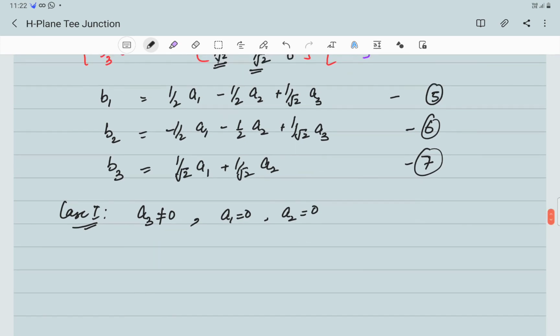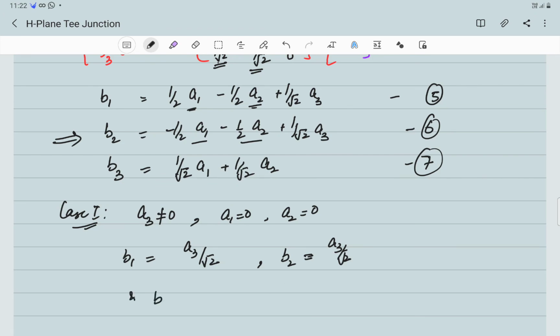If we look at these equations, in this case B1, with A1 being 0 and A2 being 0, would simply be A3 upon root 2. And likewise B2, equation number 6, would simply be A3 upon root 2, as the other terms are 0.